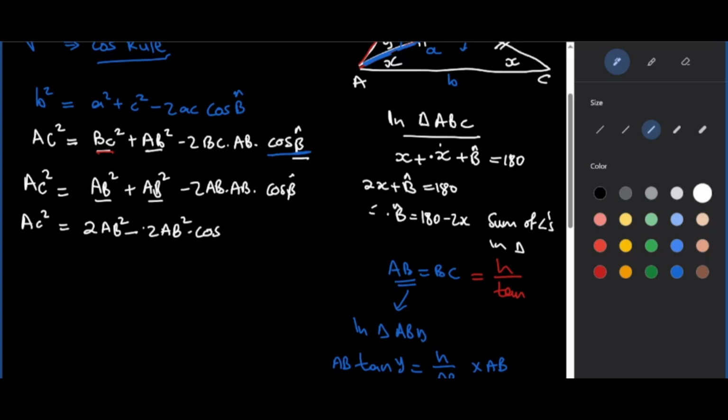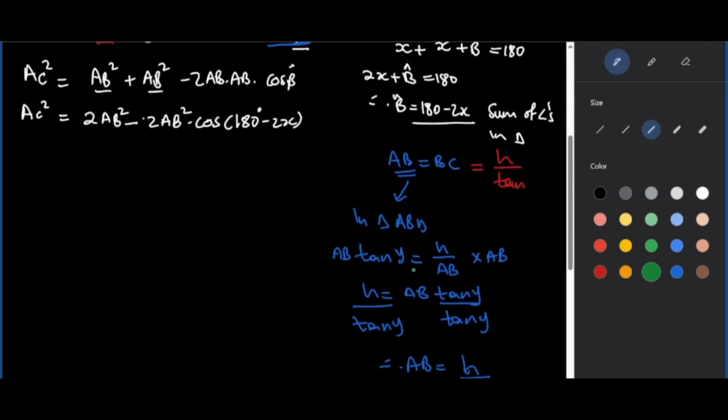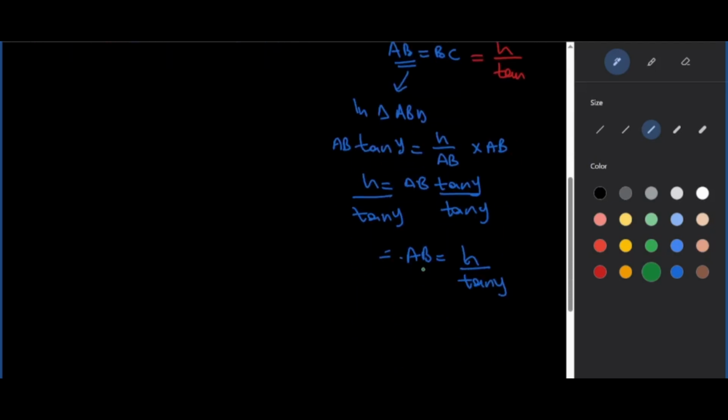What was angle B? It's 180 minus 2x. So this will be the cos of 180 degrees minus 2x. So when we do the reduction formula, am I moving fast? No, I understand, sir. Tell me, what is the cos of 180 minus 2x? When you do the reduction formula, what is that equal to? It's going to be negative cos 2x, because this is in quadrant 2.